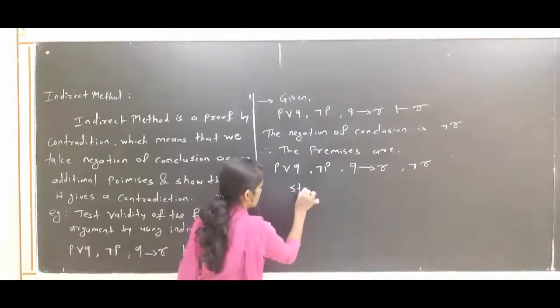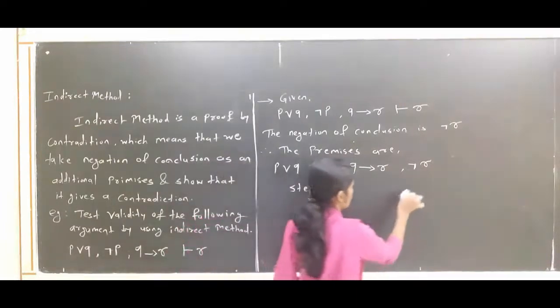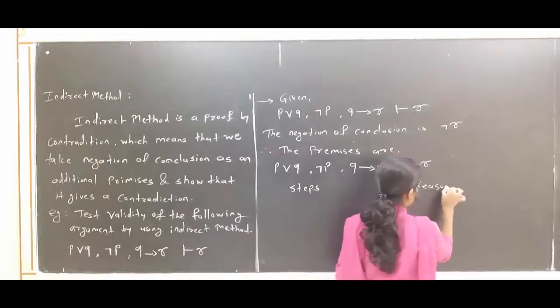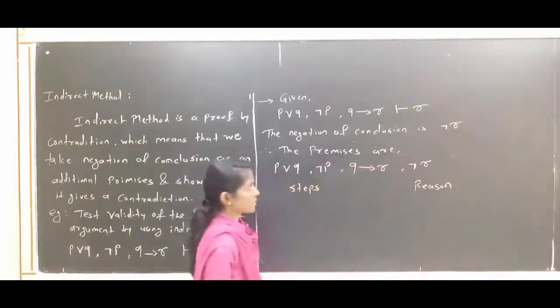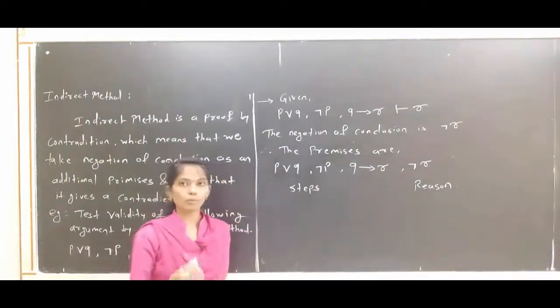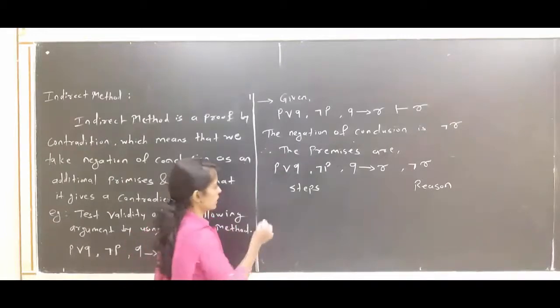Now steps and reason. Here we apply some rules of inference and we want to prove a contradiction.